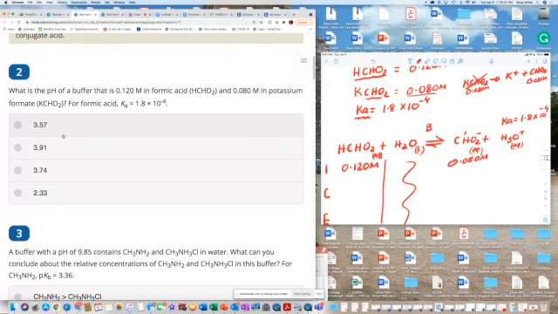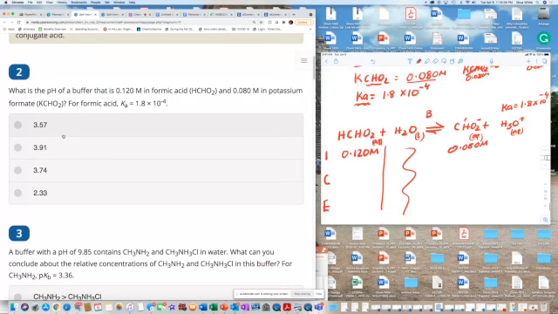Like my husband says, from the ice table I can judge if it's a buffer ice table or just a regular weak acid ice table. How can I judge? Buffer ice tables have two starting concentrations. Weak acid ice tables have one concentration.